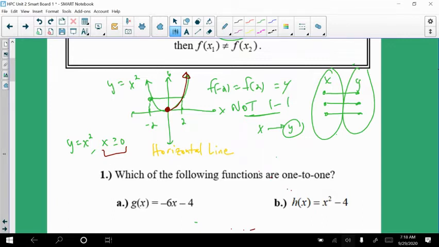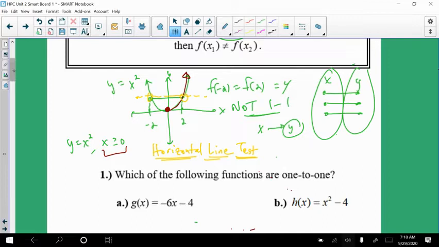If you can draw a horizontal line across your function and it hits more than once, you fail the one-to-one test. You have to be able to draw a horizontal line anywhere for it to pass. This parabola without the restriction is going to fail the horizontal line test. So the horizontal line test allows us to test for a one-to-one function.